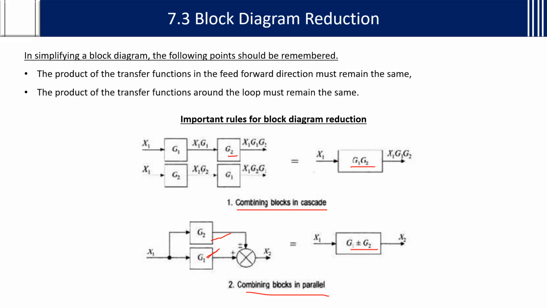Here G1 is plus, and G2's sign is plus or minus. If it is plus, you take plus; if minus, you take minus. So G1 plus or minus G2 is written. This is the parallel way you need to write, that is G1 plus G2 or G1 minus G2, with input X1 and X2 as the output.